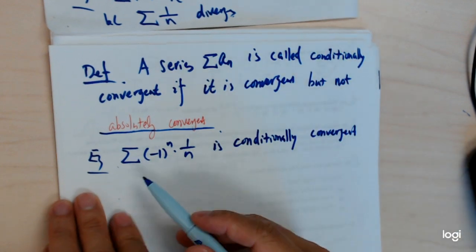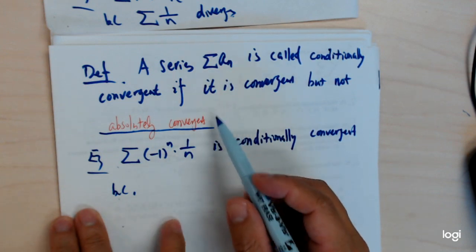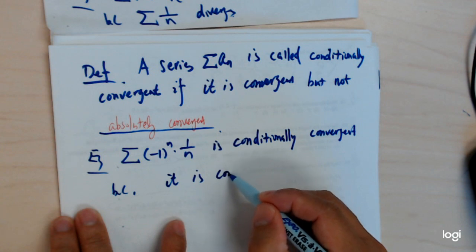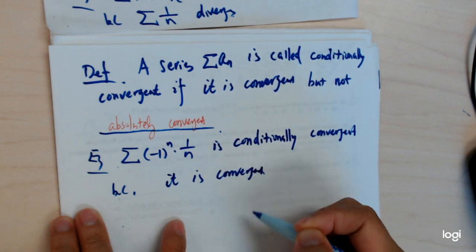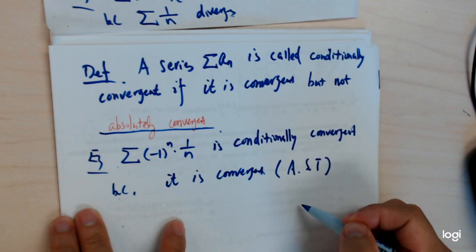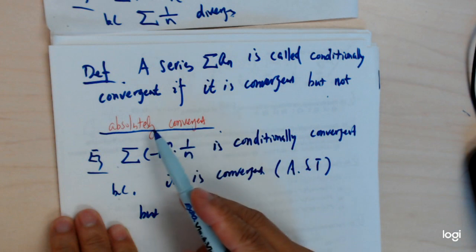And let me show you the reason, okay? Because the series itself converges, because itself is convergent. Once again, that was because of the alternating series test, but not absolutely convergent.